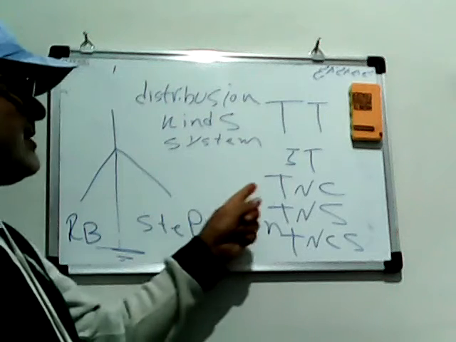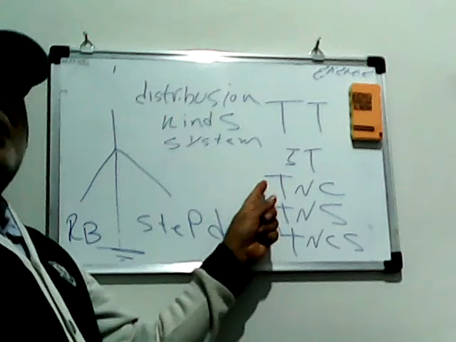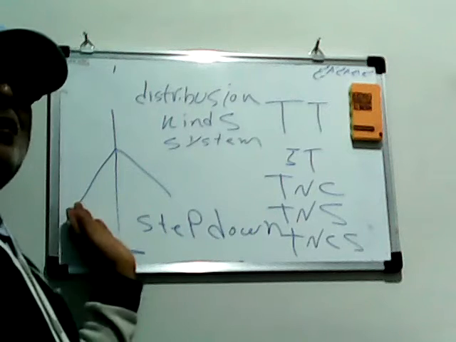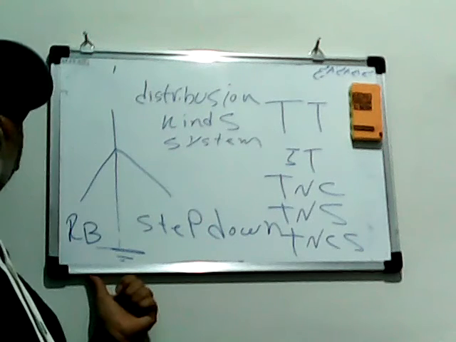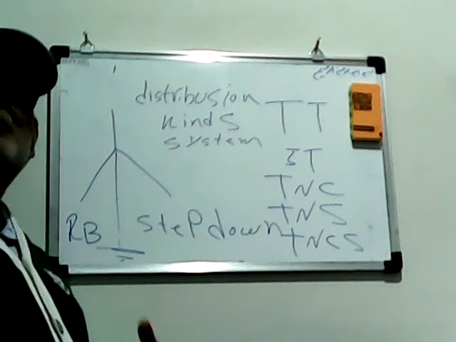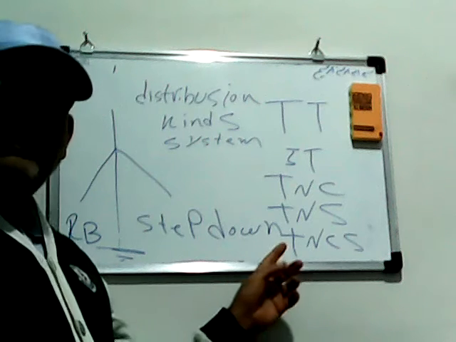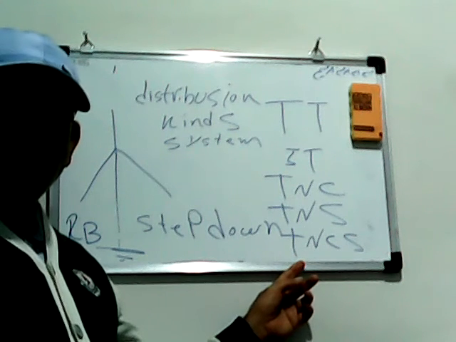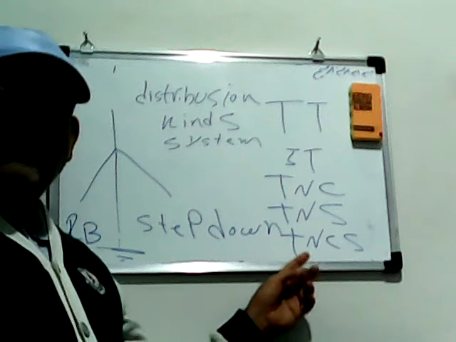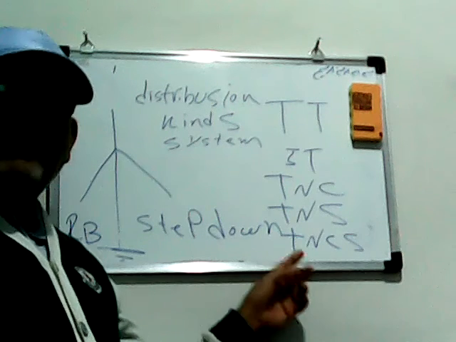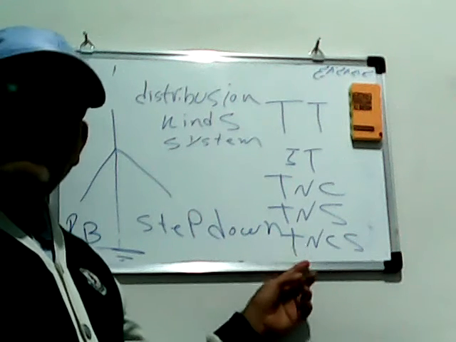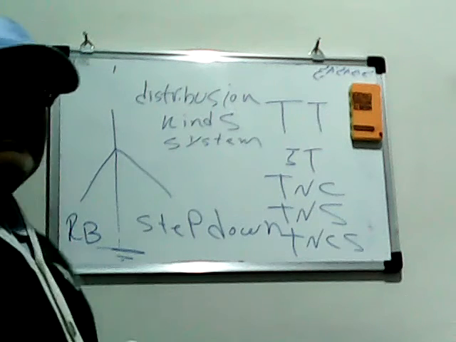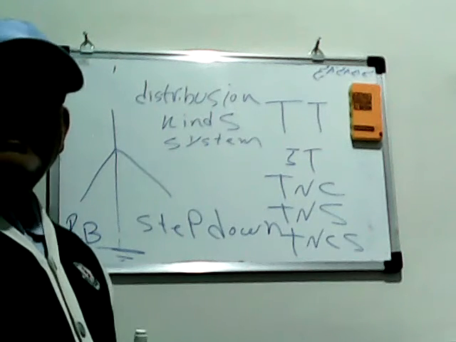But if the second letter is T, it means we don't use the earth electrode of the post. We have a separate, private earth electrode in our installation and industry.